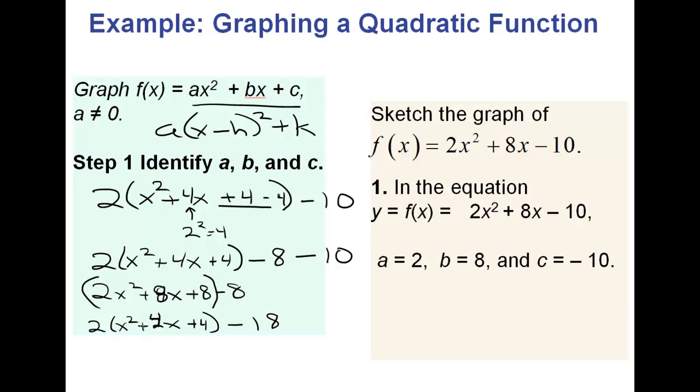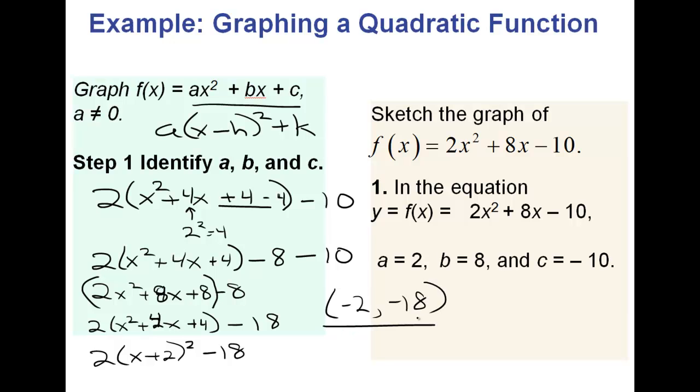Now that we have this three-piece quadratic, we've created a perfect square, and it's just 2 times x plus 2 quantity squared minus 18. And now that we have it back into standard form, we know that h equals -2, k equals -18, and that's our vertex.